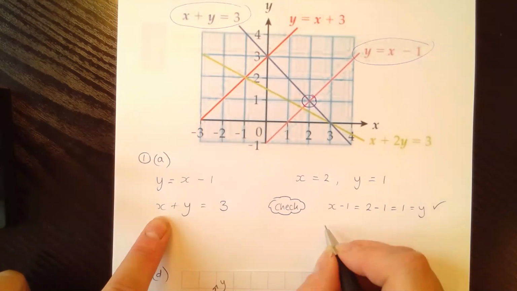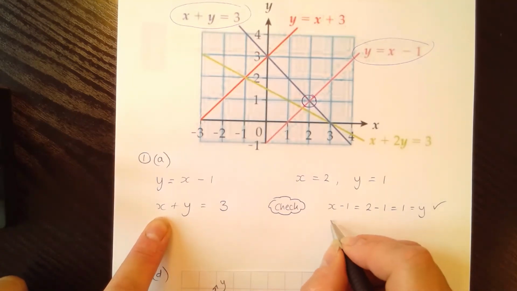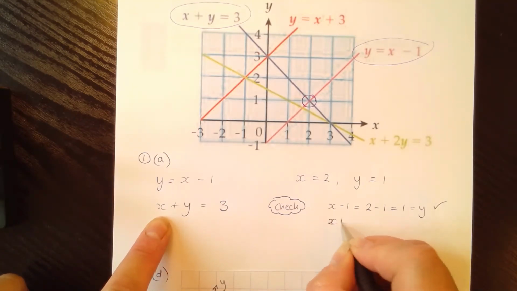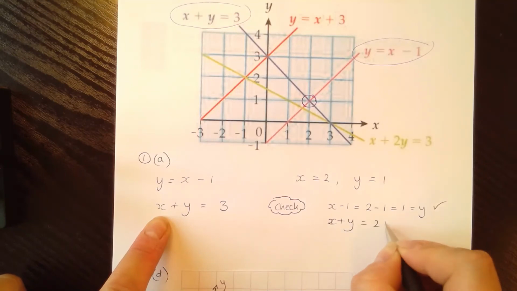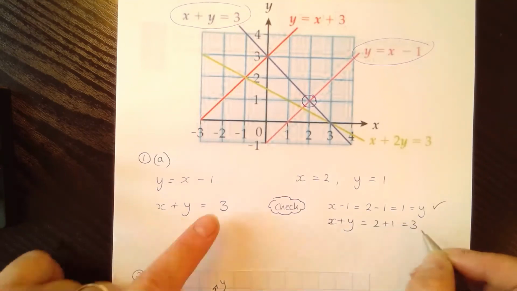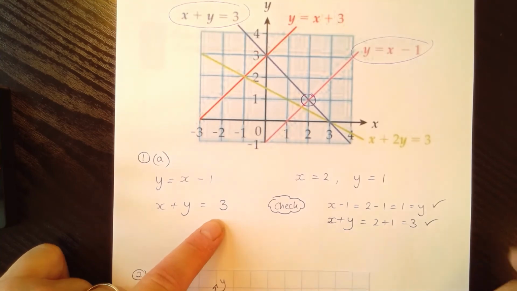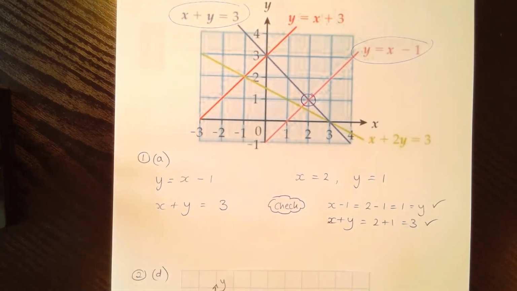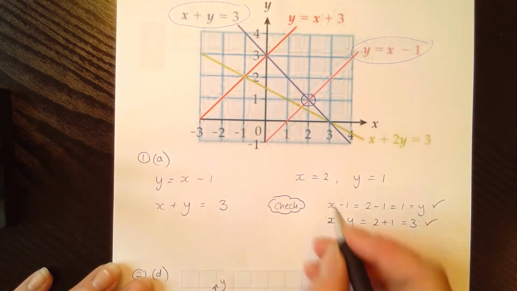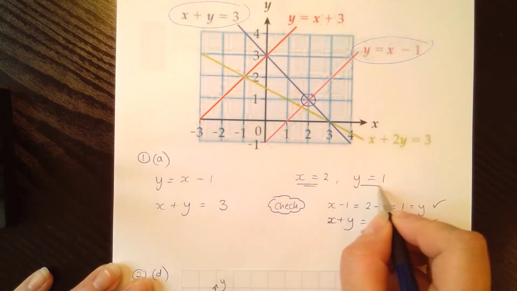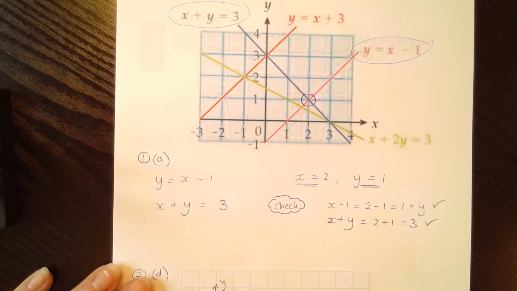And on this one, x plus y equals 2 plus 1 equals 3, which is the right hand side. Correct. So we verified that both those solutions work in both lines, so those are the correct answers. X is 2, y is 1. Very quick and easy to do if the graphs are drawn for you.